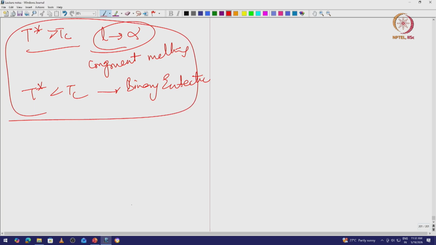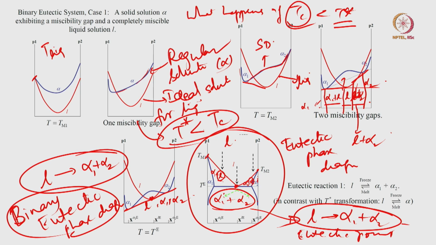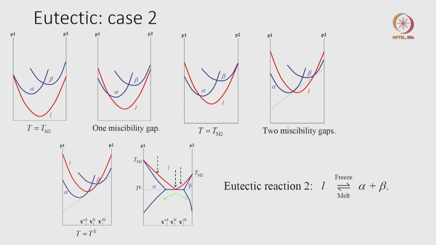Now, I take one phase and say that below a certain temperature this phase is going to split up into two different phases. Instead, I can actually start with two different solid phases, alpha and beta, and one liquid. Both of them are regular solutions again.